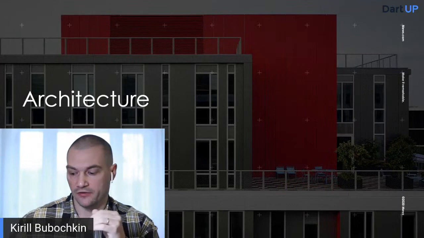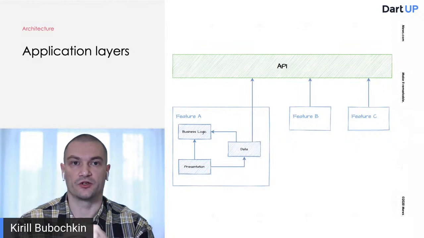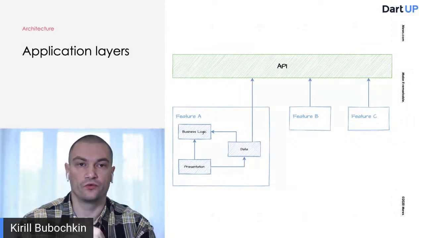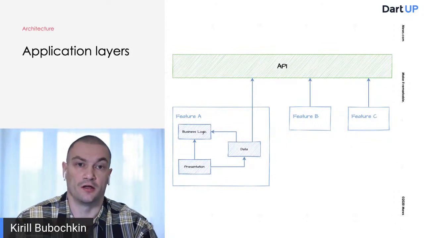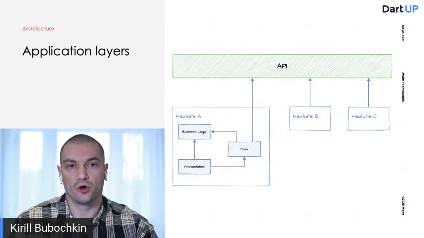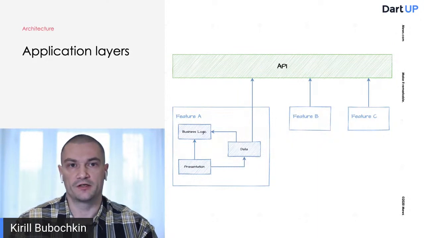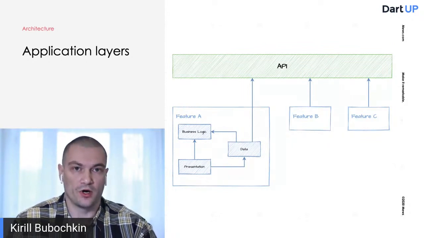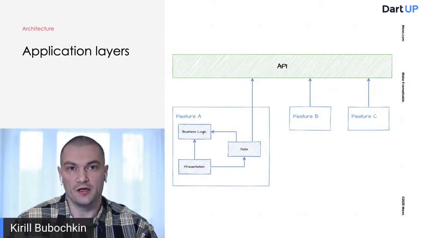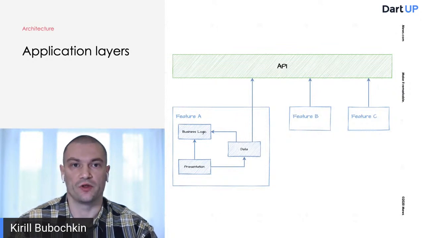And speaking of the architecture, mainly we are following clean architecture principles. And if I had been asked to describe the clean architecture principles in a couple of words, for me, it probably would be mainly layers and a strict direction of dependencies between these layers. So for us, one of the major layers is API, where we define DTOs and methods for communication with backend.